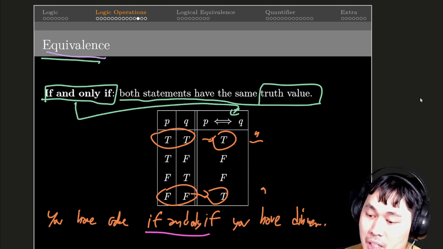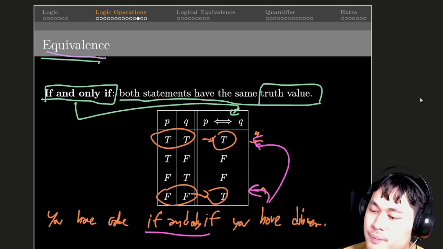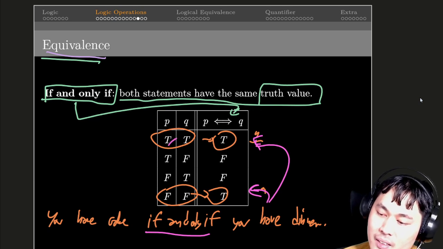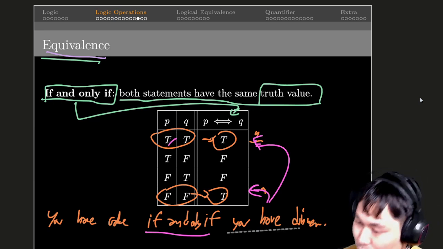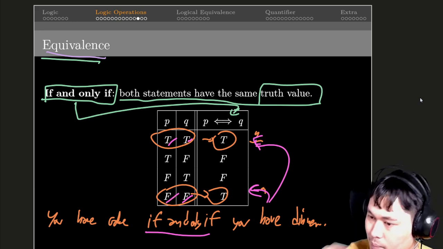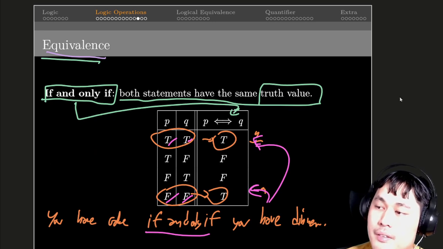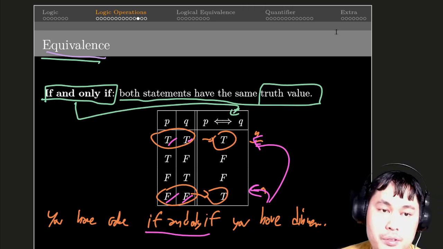You use if and only if, then it would agree with what we imagine. If you have dinner, then you have cake. If you don't have dinner, then you don't have cake. Otherwise, it's false. So that's the sixth one, the last one that we use often.